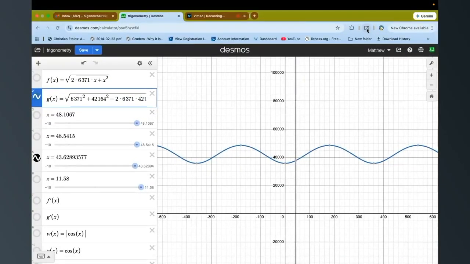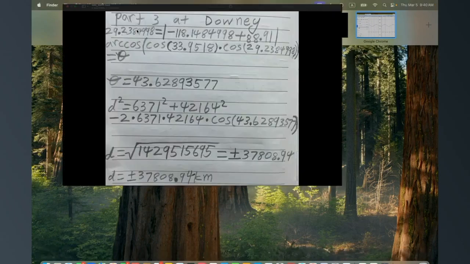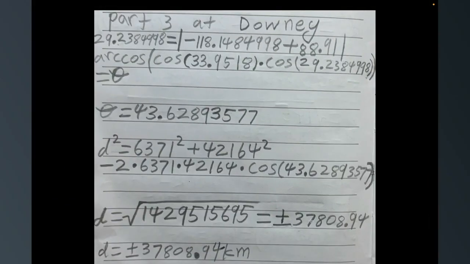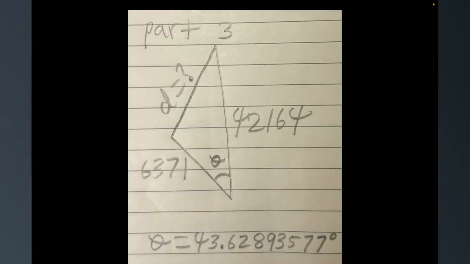The satellite that I used to save that video, again, it's the distance here because on the cosine graph, the wave here, plug in the point of the x, and we get this number here, which matches this perfectly, the angle theta here.